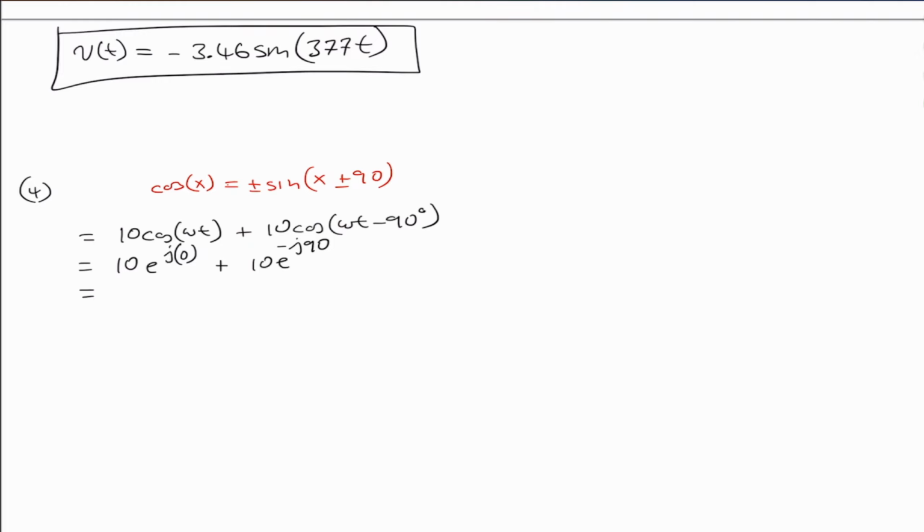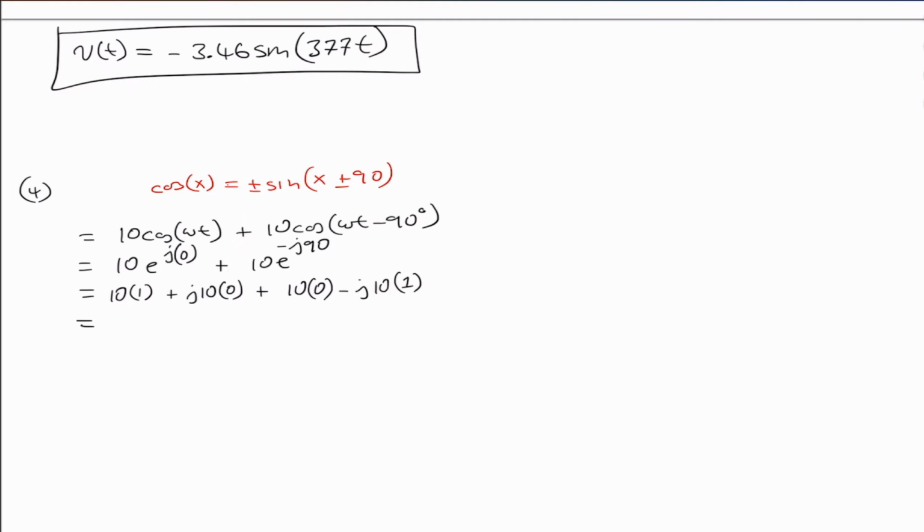We can then go ahead and apply Euler's identity, but before you do that, this is going to simplify, so let's do it the right way. 10 times cosine of 0 ends up with 1, plus j times 10 times sine of 0, then plus 10 times cosine of 90, which ends up with a 0, minus j times 10 times sine of 90, which ends up with a 1.